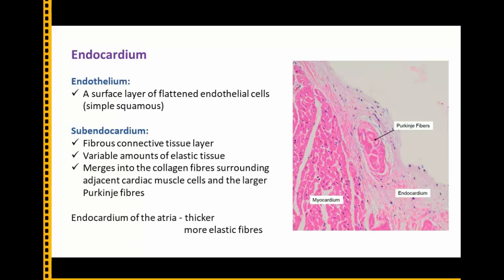And it also merges into the collagen fibers surrounding the cardiac muscle cells. So this subendocardium allows the endothelium to firmly attach to the myocardium. The difference between atria and ventricles is that the endocardium in the atria is thicker and has more elastic fibers.